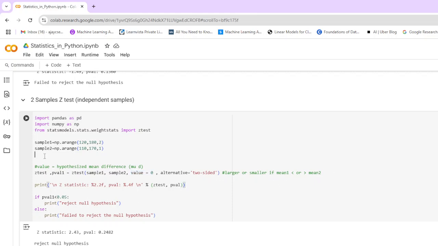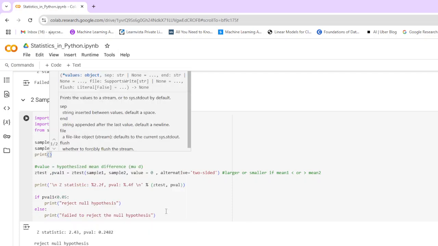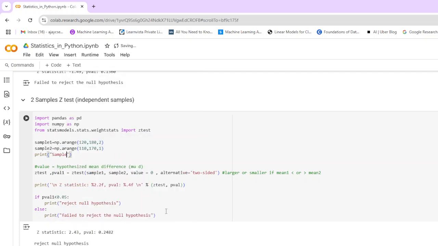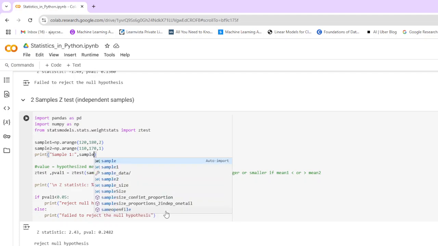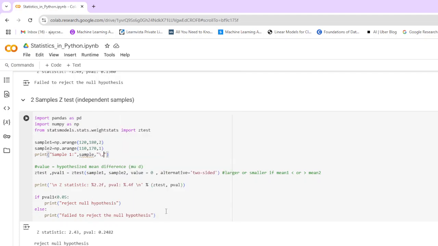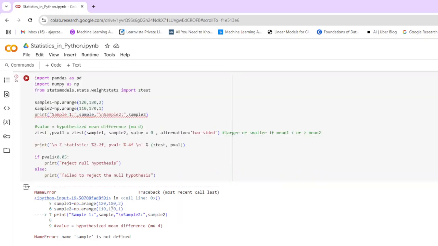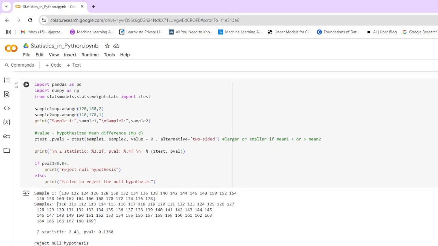So let me print sample 1 and sample 2. So this is sample 1 and these are the values included in sample 2.